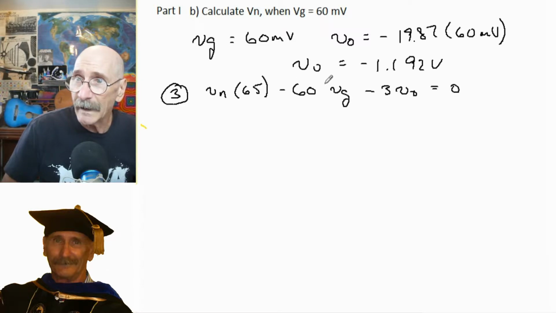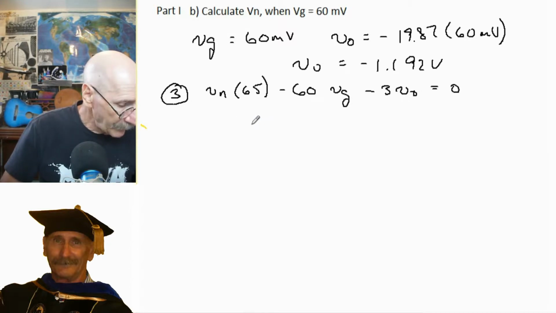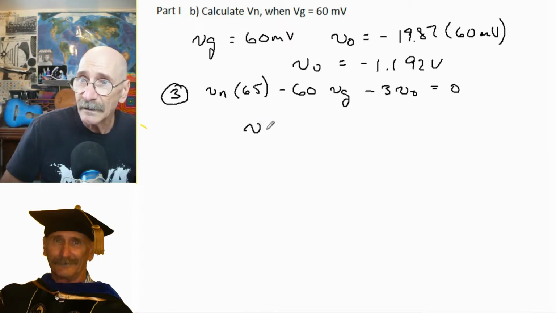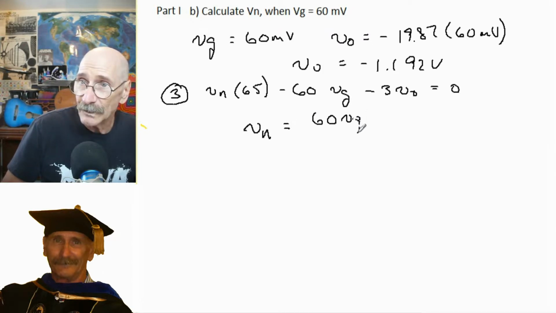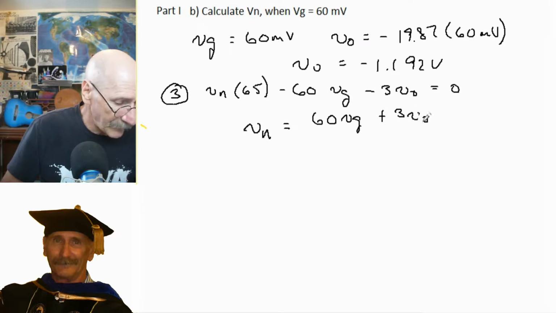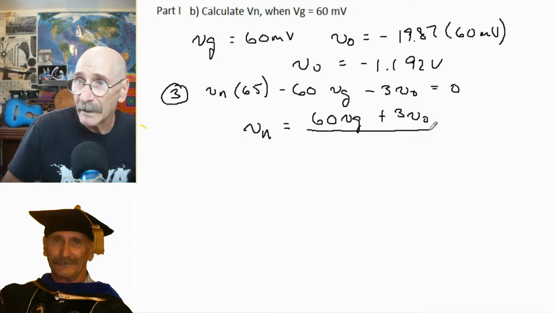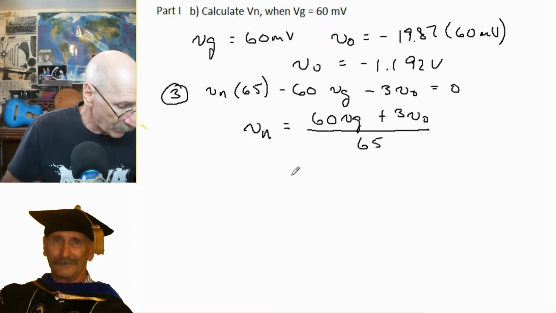And of course we have Vg is already given as 60 millivolts, and V out is minus 1.19, and we just solve for this. Vn is equal to 60 Vg plus 3 V out divided by 65, and then of course you just drop those numbers in.